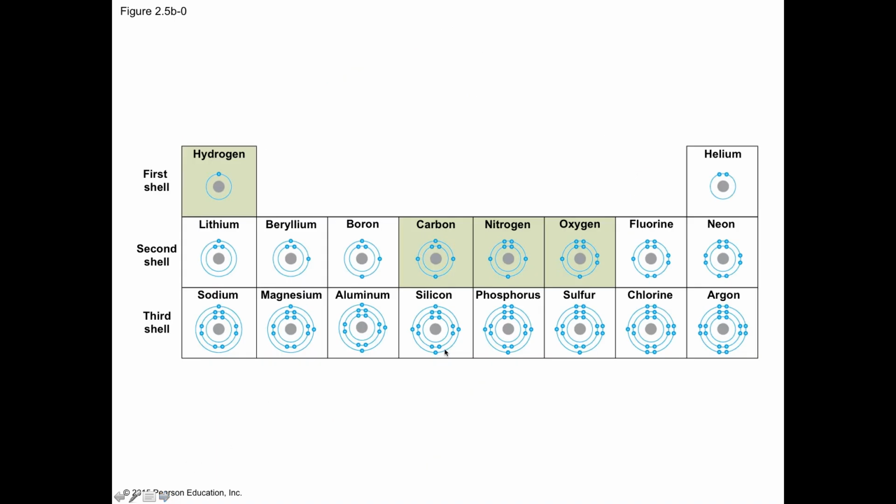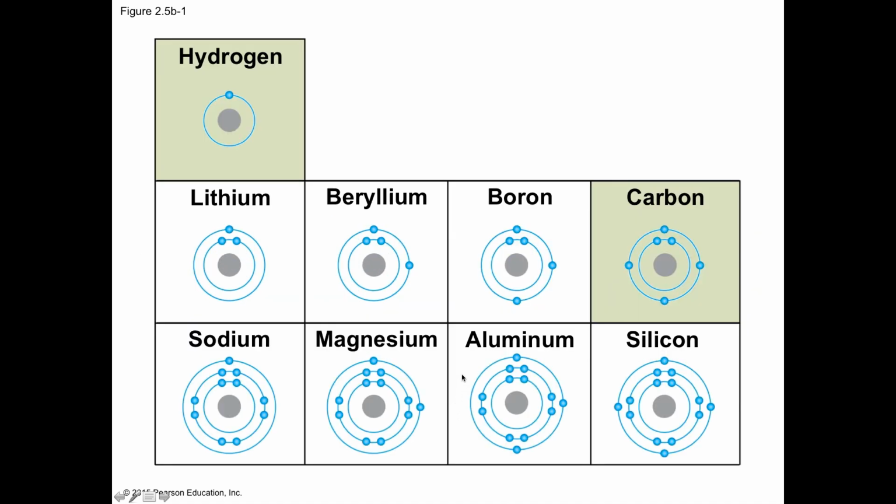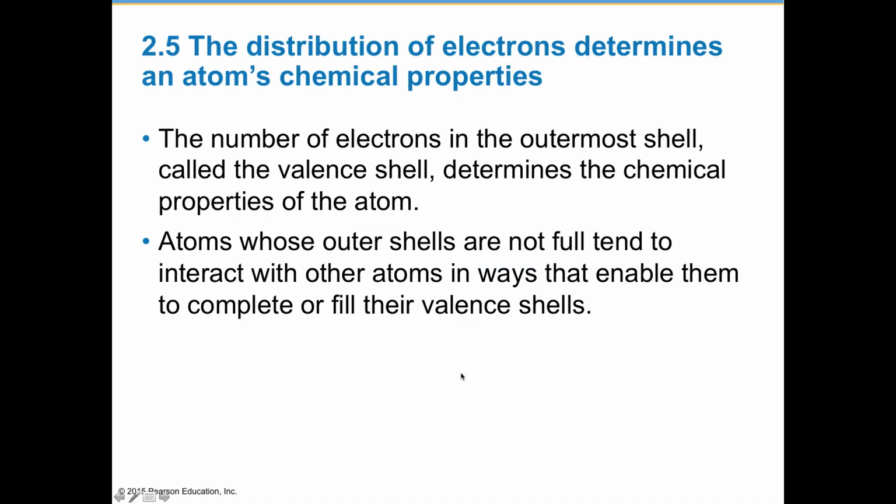All right, so what they've done here again is show the atomic structures for these. And we've already reviewed all of these, so I'm just going to go through it. As you recall, the electrons in the outer ring are called the valence shell electrons.